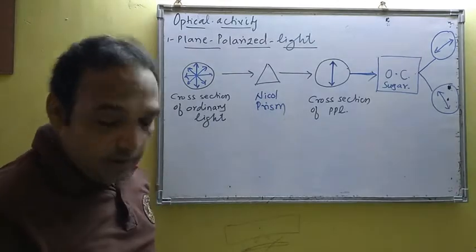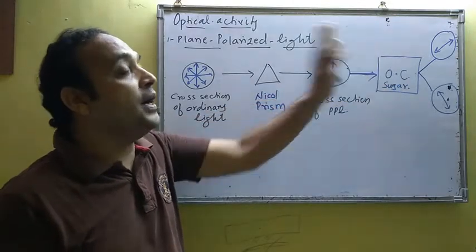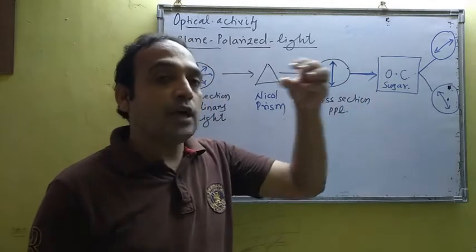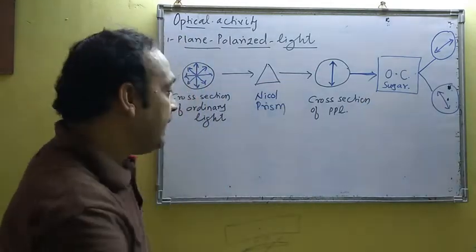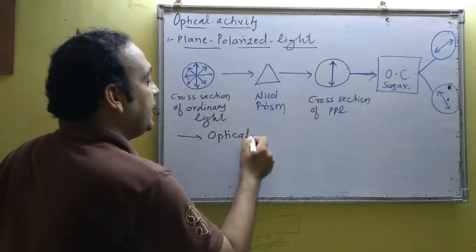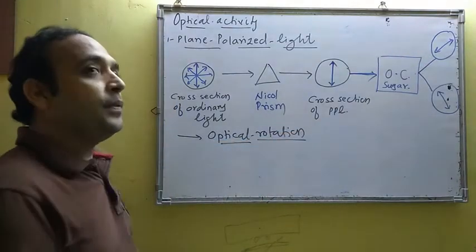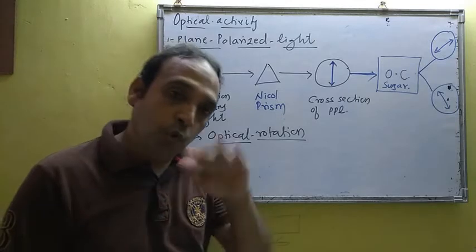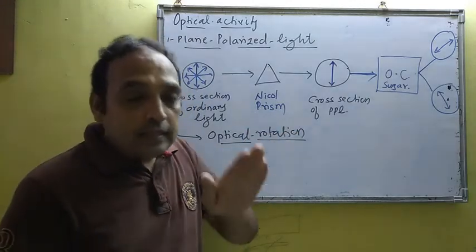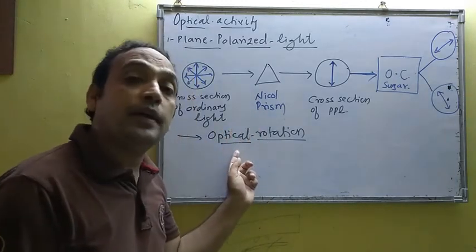Now here two types of rotations are there. One is clockwise direction, another one is anti-clockwise direction. Now optical activity is experimentally measured in terms of optical rotation. Actually optical rotation means the angle through which the substance rotates the plane polarized light. कितने डिग्री पर उसने प्लेन पोलराइज्ड लाइट को रोटेट किया, that angle is called optical rotation.